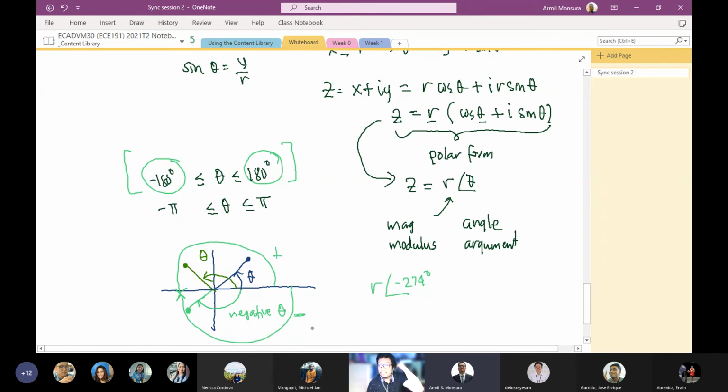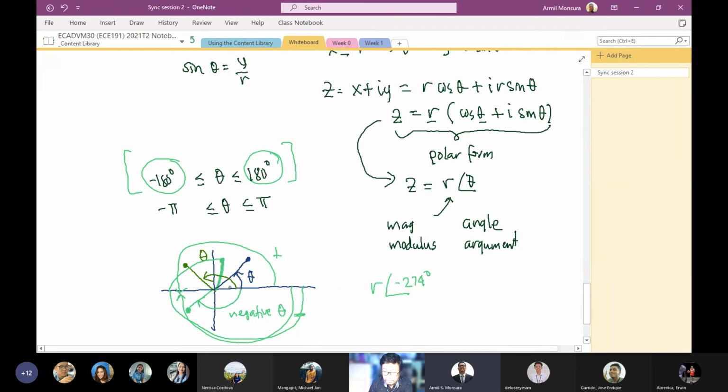Saan natin kukunin yung negative 274 na yan? Una, negative siya. So you have to measure it from the positive real axis pero clockwise. So going from here to here is negative 180. Tapos from here to here, that's negative 270. So yung 274 is somewhere here. So ito yung magiging parang terminal point nyo.